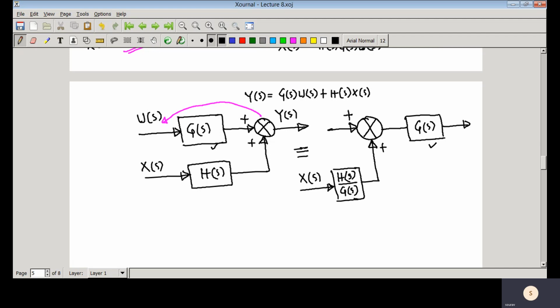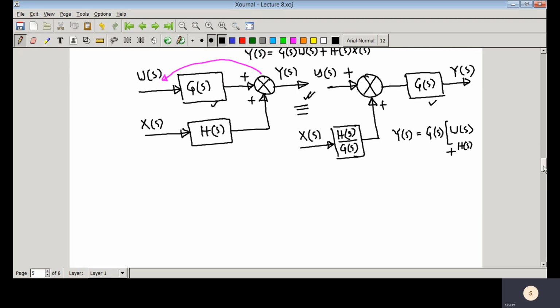Let us see whether they are equivalent or not, because in this case your output Ys equals Gs into, so here you have that Us plus Hs by Gs into Xs.